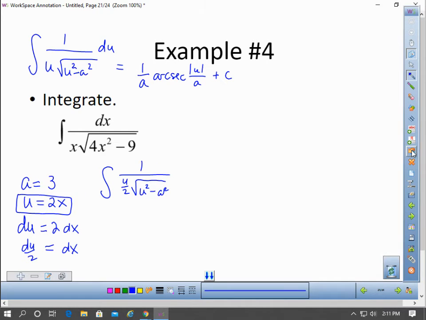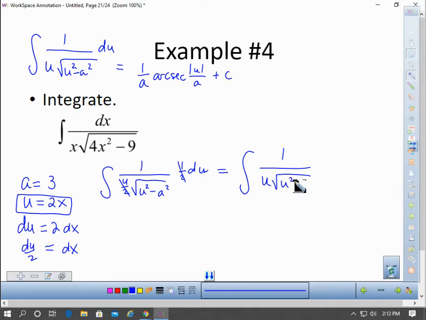So I'm just matching it up to the rule, just trying to get everything to match just perfect. And then my dx is going to be a 1/2 du. All right, so let's clean this up a little bit. I've got 1 over, you'll notice this 1/2 is going to cancel with the 1/2 right here. So that's just going to leave me with a u, and then the square root of u squared minus a squared du, which voila, that is perfect with this formula right here.